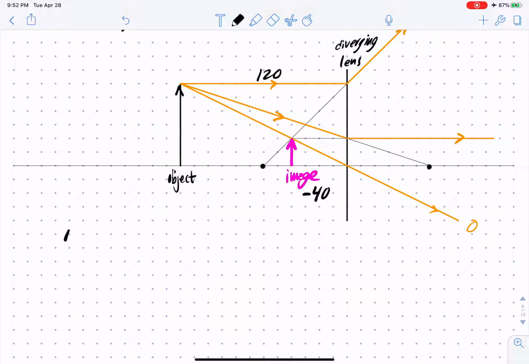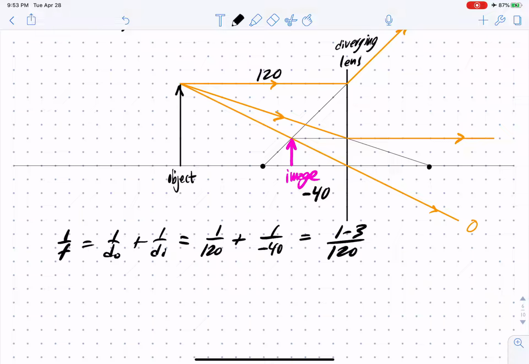Let's just solve for 1 over f. So the object was 120. The image was negative 40. So apparently the focal length is negative 60 centimeters.